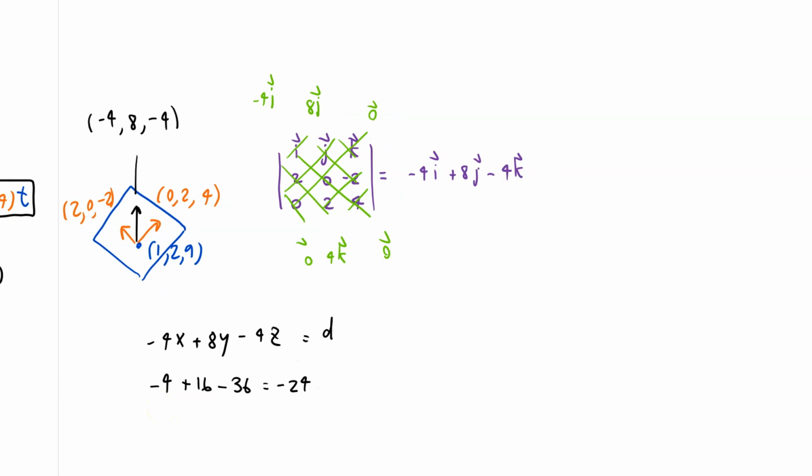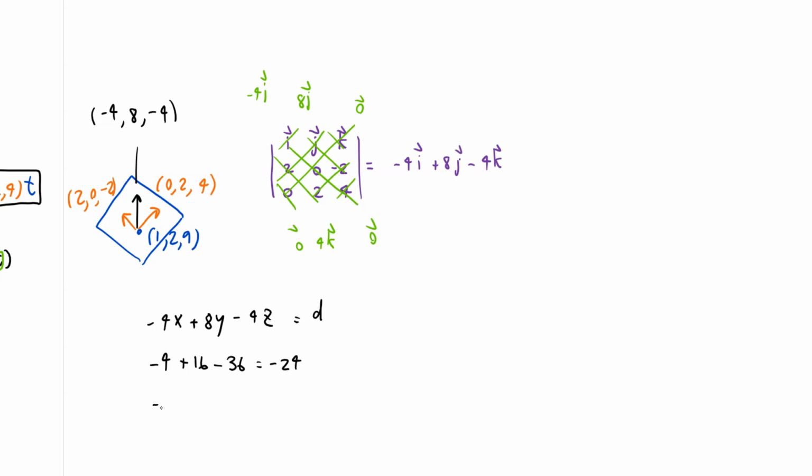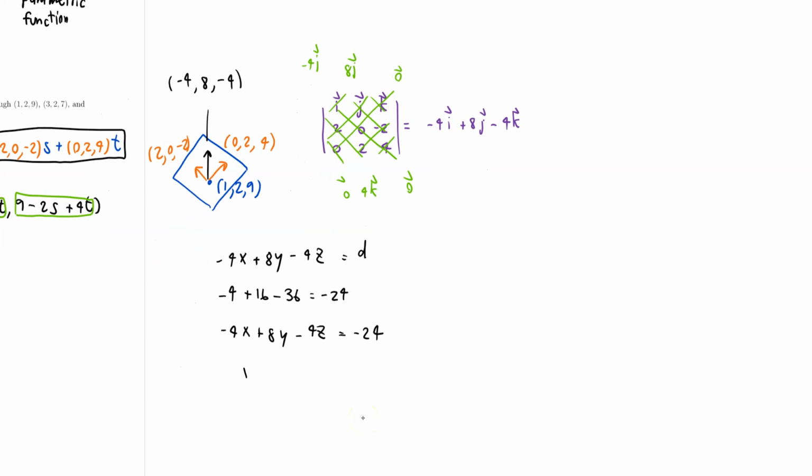So my D is negative 24, and I have negative 4x plus 8y minus 4z equals negative 24. If I divide both sides by negative 4, I get x minus 2y plus z equal to 6.